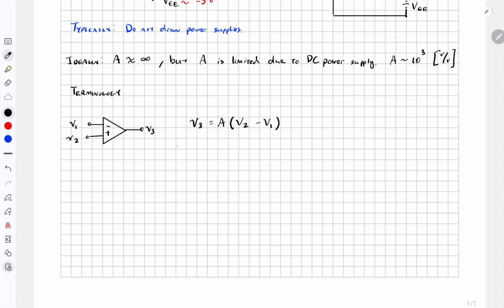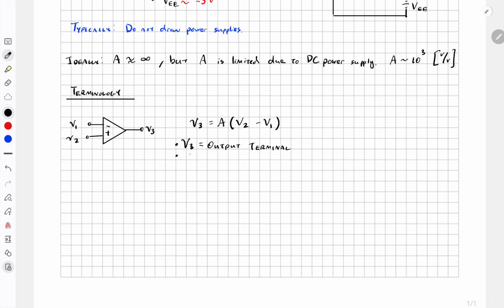V3 is called the output. We call this the output terminal of the device because we kind of pretend it has been connected to something else later in the future.